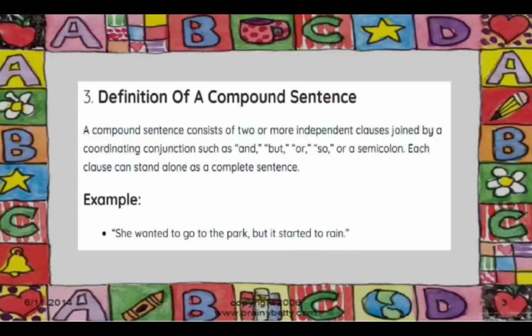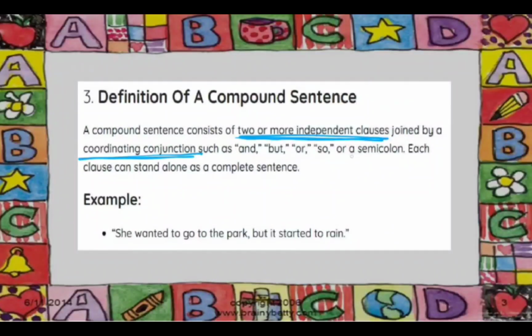Now, let's come to what compound sentences are. It has two or more independent clauses which are joined by coordinating conjunctions. I will share the list of coordinating conjunctions as well.